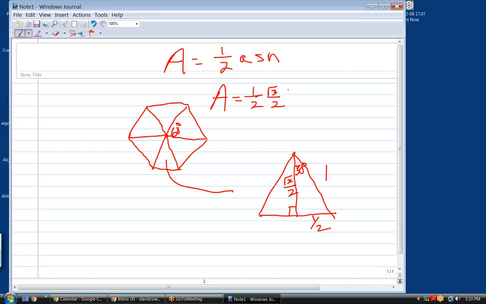Side length? Times 1. Number of sides? 6. So what does that give us? 3√3 over 2? Yep. That's the area.